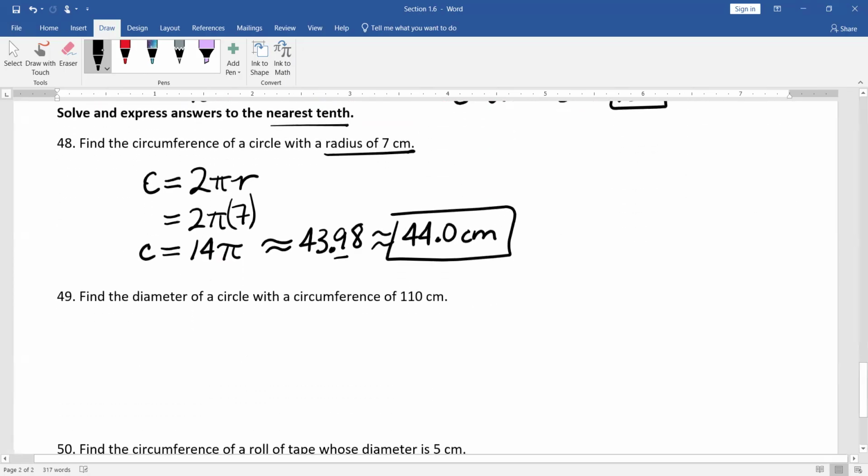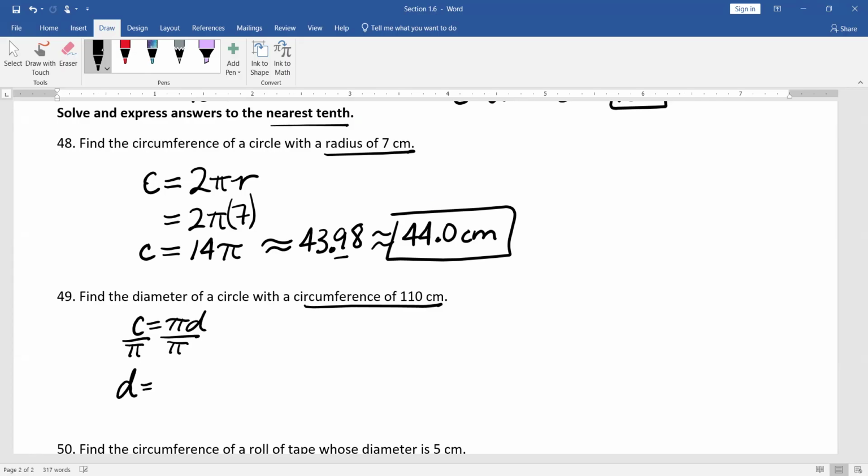Find the diameter of a circle with a circumference of 110 centimeters. Okay, so now they gave us the circumference, we find the diameter. C equals pi times the diameter. And I don't know the diameter, so I'm going to divide the circumference by pi.